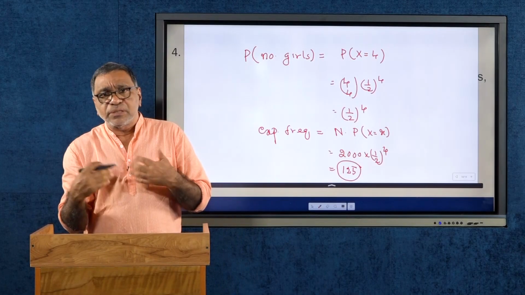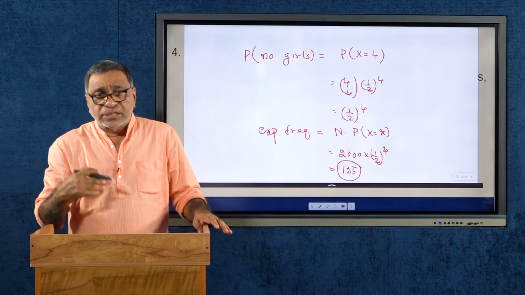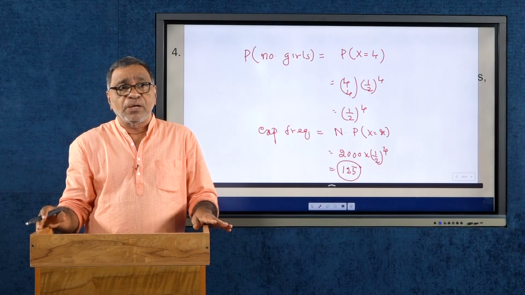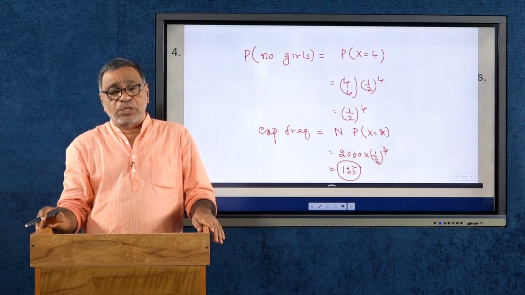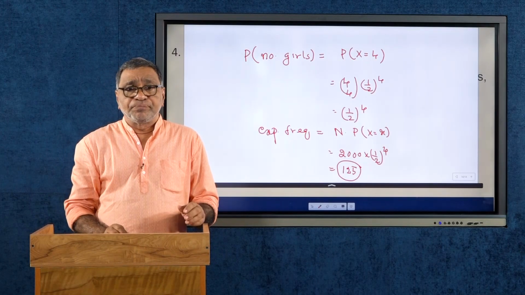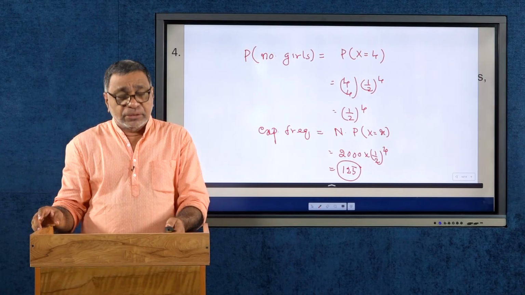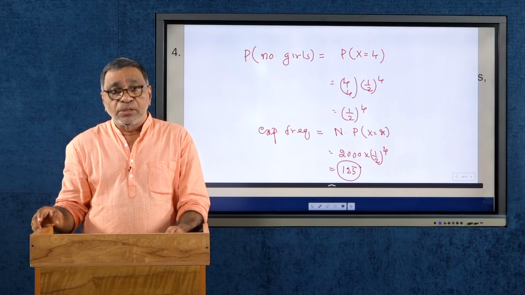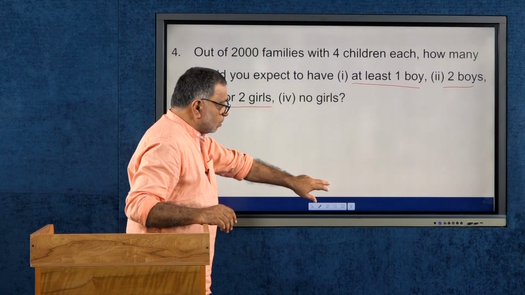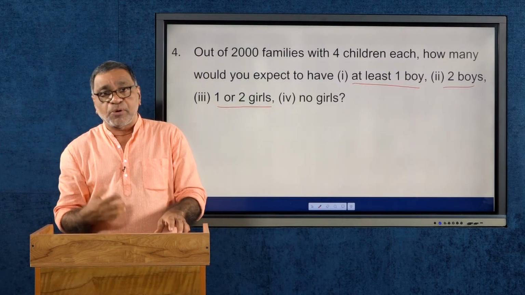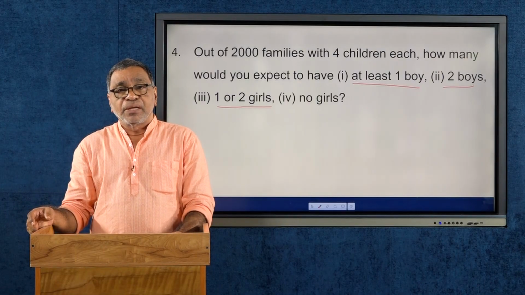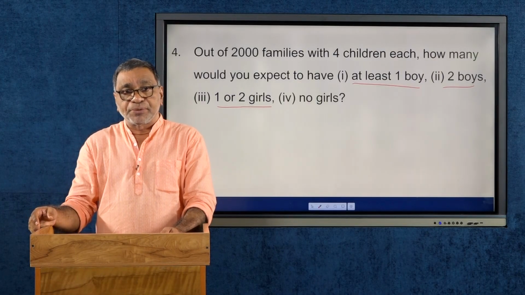So these are the expected frequencies obtained on the basis of the binomial probability mass function. Suppose we have a random experiment satisfying the conditions of the binomial distribution, that is, a Bernoulli sequence of trials with probability of success p throughout the trials, and X is the number of successes obtained.